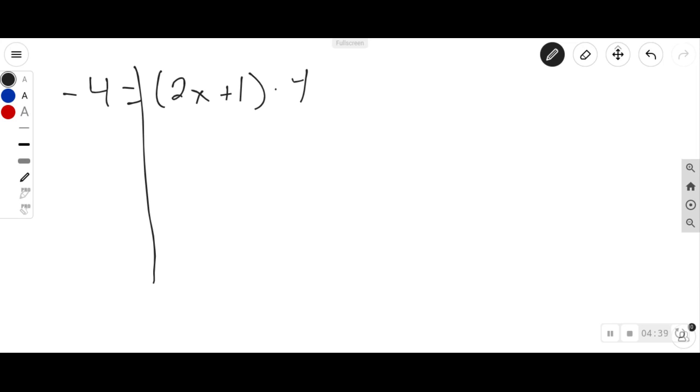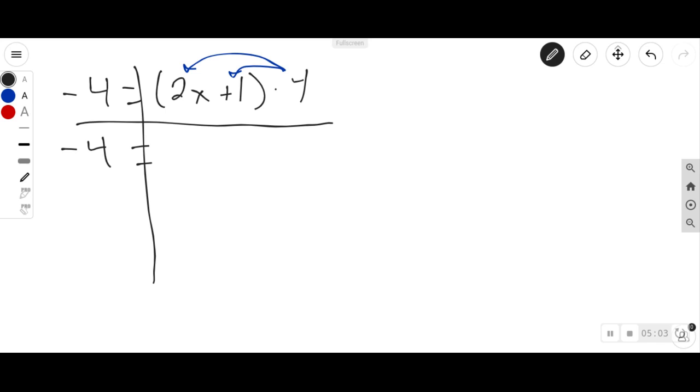So I am still going to distribute. It's just I'm distributing this direction. It doesn't matter. It's the same thing. Remember, multiplication is commutative. That means that it can go in either direction. So you can multiply from the left item to the right or from the right to the left. Does not matter.